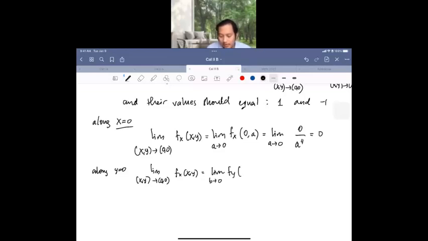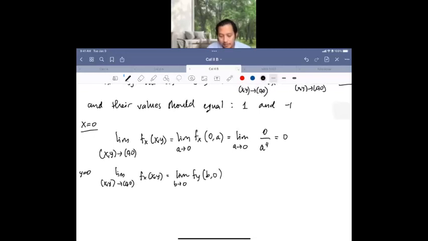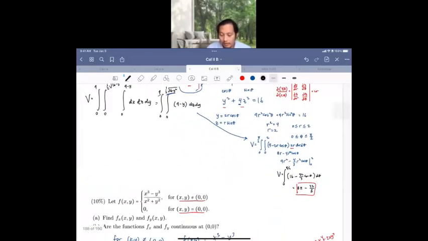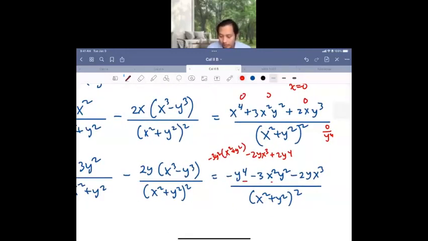Whatever, but you should understand the idea behind this. If we take y equals 0, all will be 0, right?